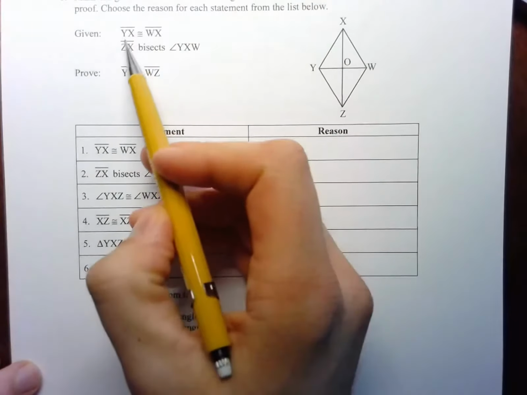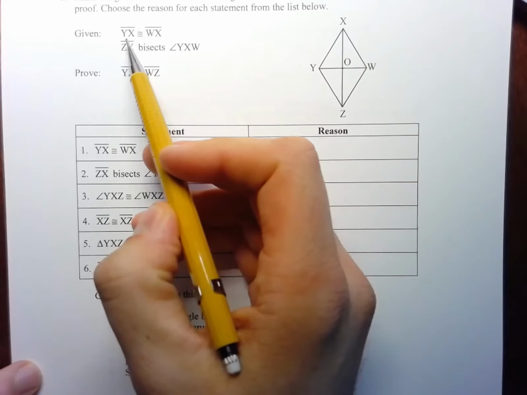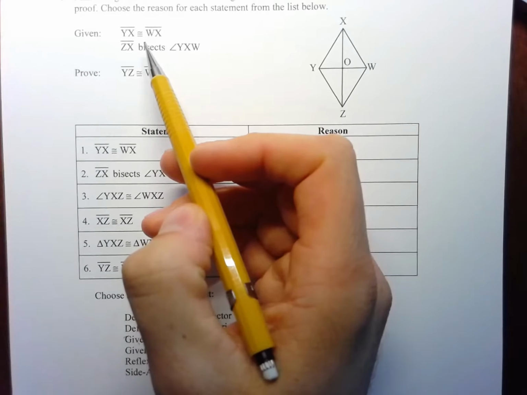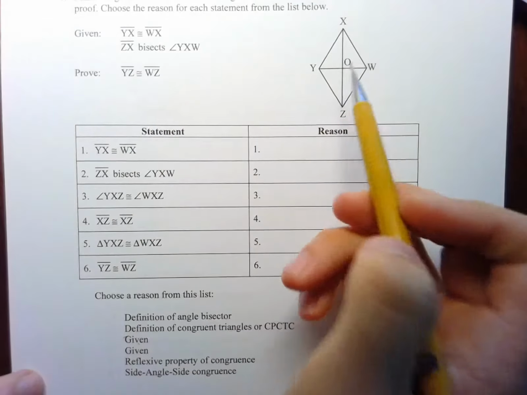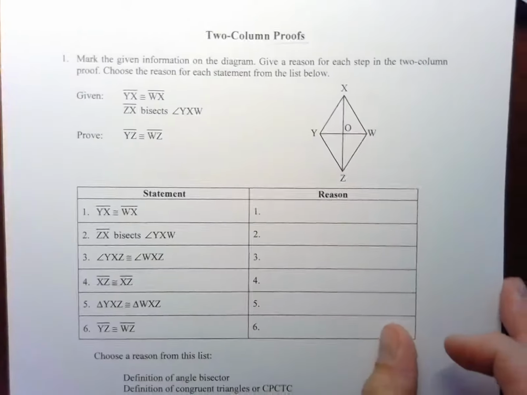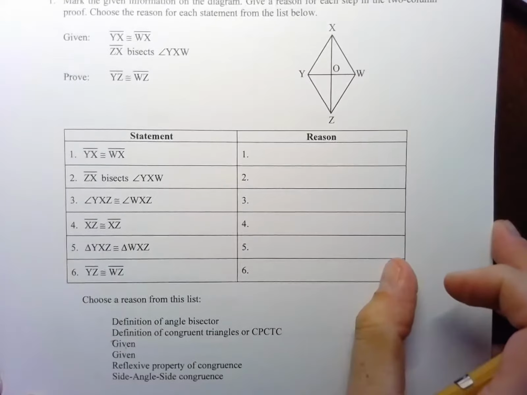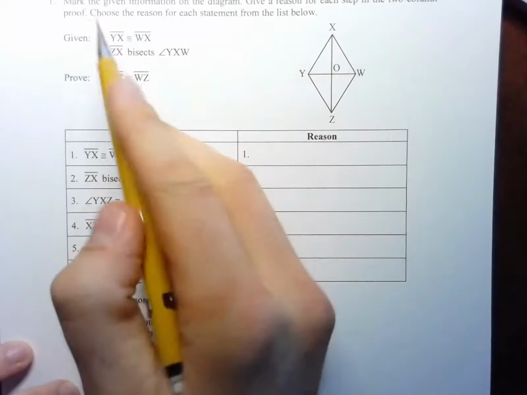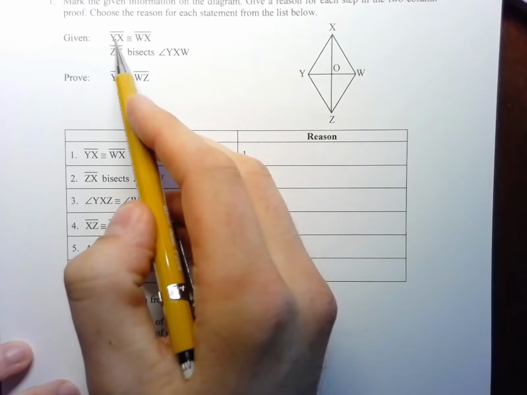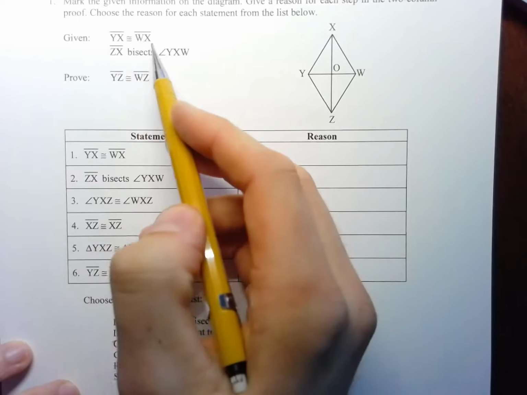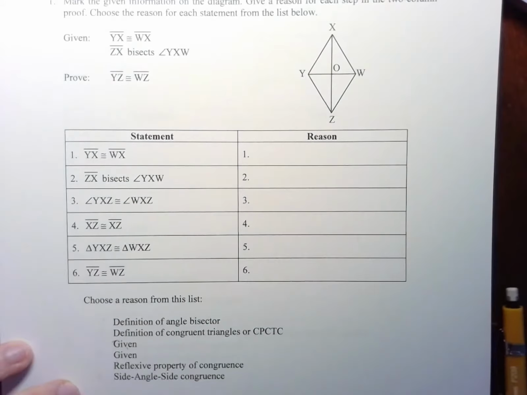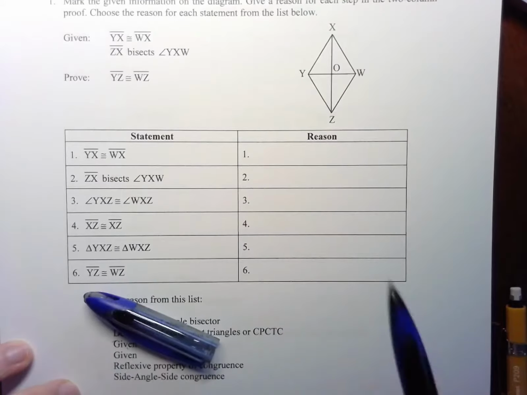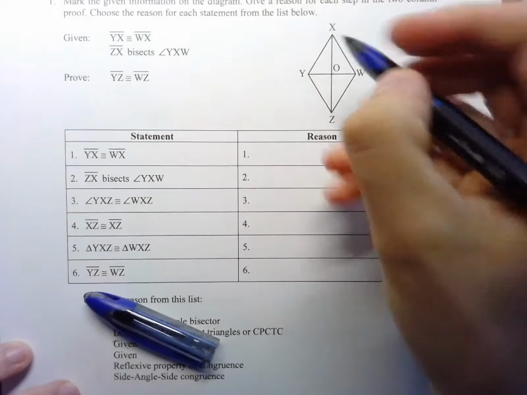So the first thing that I always do is take the given statements and mark them right on the diagram. So for example, line segment YX is congruent to line segment WX. So what that means is YX is this right here.